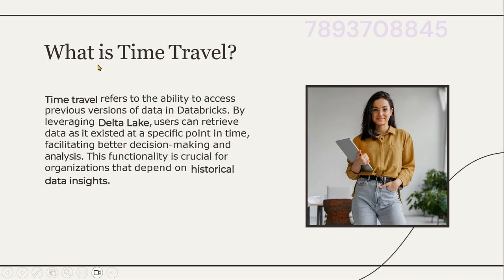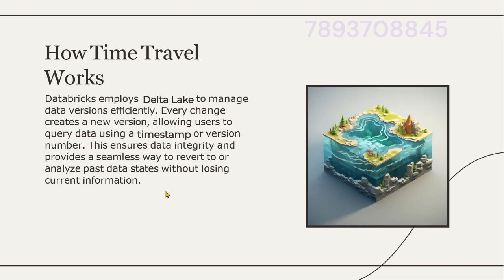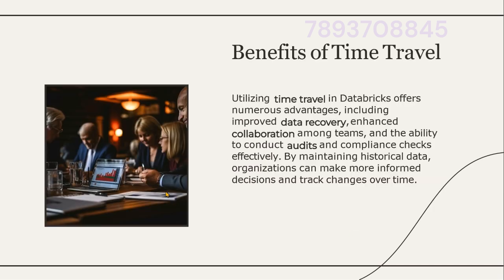The same way we get a version, we can use time travel: using that particular time, we can get the particular updates or inserts. Using timestamp we can get the data. For data recovery purposes, we use time travel. We can restore the deleted data or historical data.